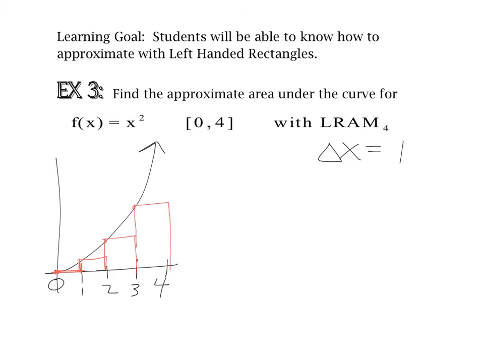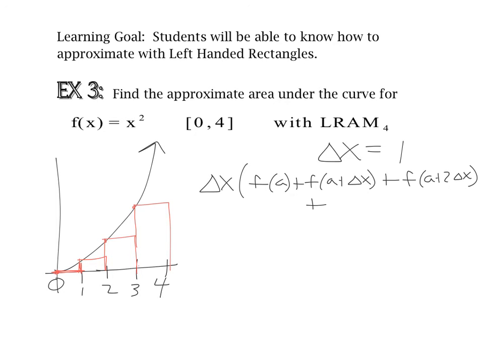So again, what's the basic layout for this? This would be delta x times f of a plus f of a plus delta x plus f of a plus 2 delta x.